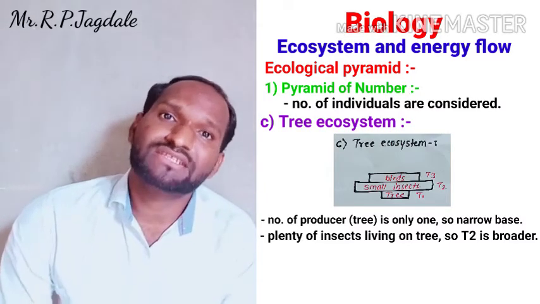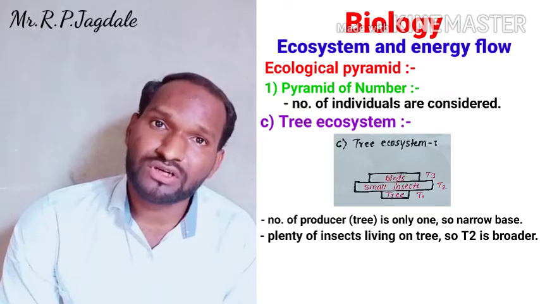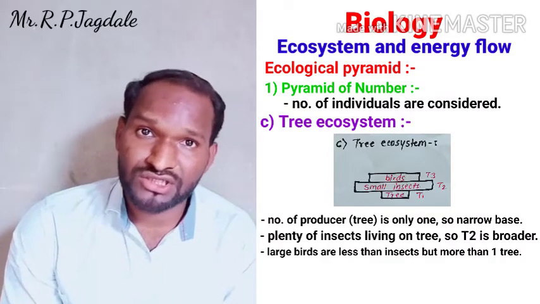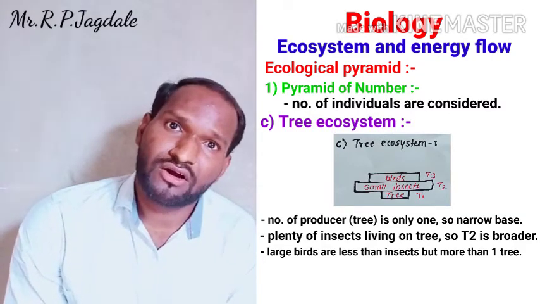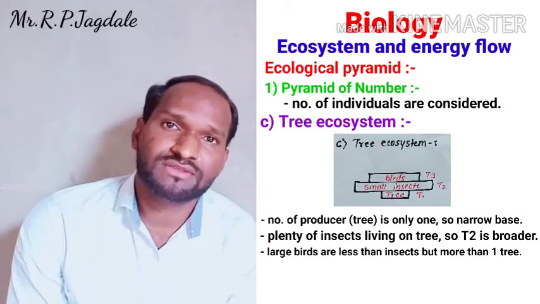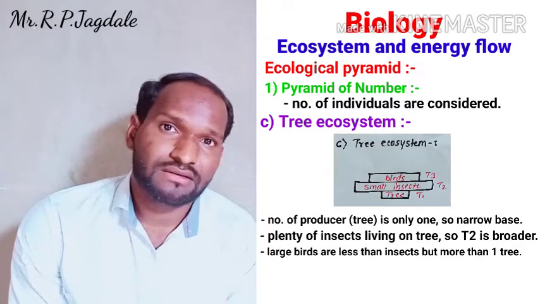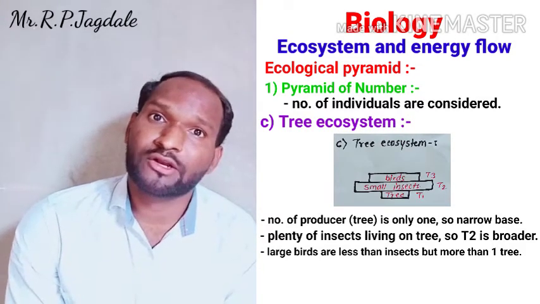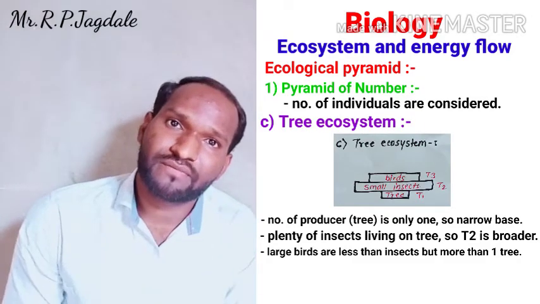On those small insects or birds, some large birds like vultures feed, or there are some snakes which feed on the small birds and small insects. Their number is definitely lower than that of the insects, but it is larger than the one tree.